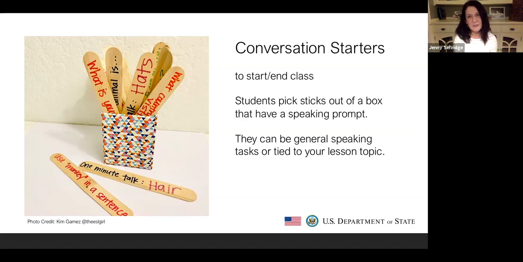So look at her picture. It says 1 minute talk, hair. So it's nothing too academic or too serious, but just talk about hair for 1 minute. And hopefully students will find that to be fun. The other one that's sitting there is we use monkey in a sentence. That's it. So these are great things to do at the beginning or at the end, just to get students used to the practice of talking.